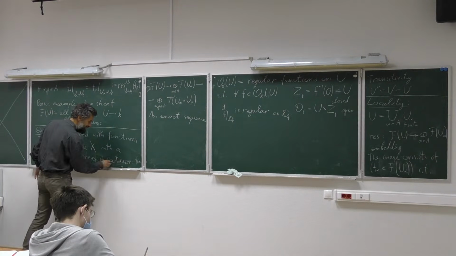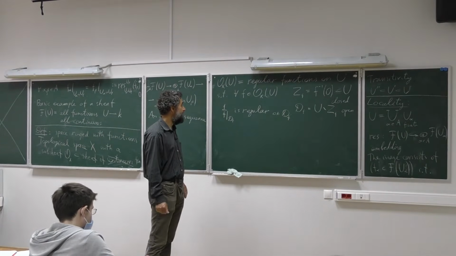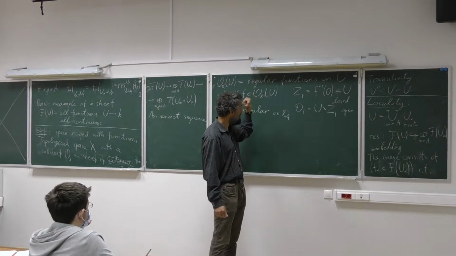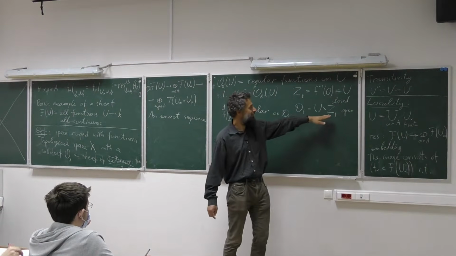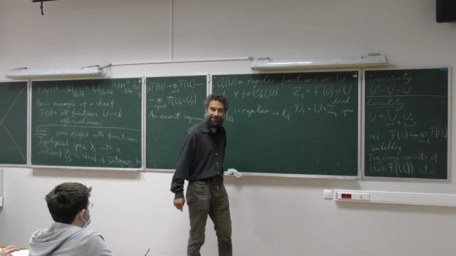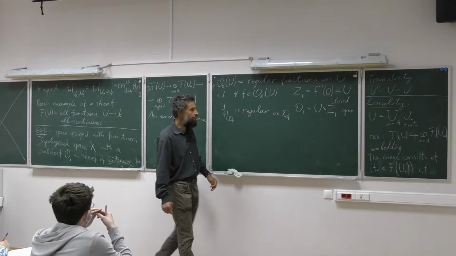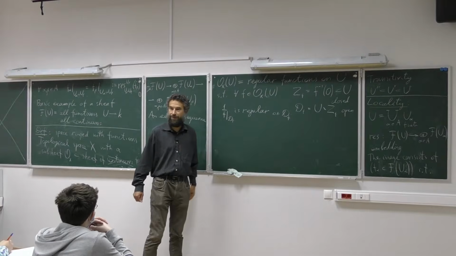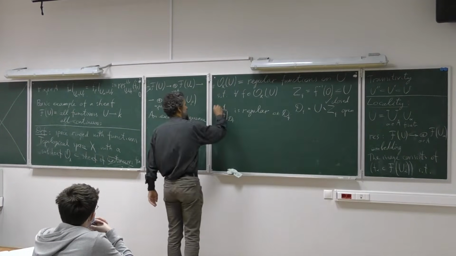Let's then erase this. Unless our field is the complex numbers, I need to ask that the zero set is closed and the complement is open. So this is a requirement. I require that the zero set is closed, the complement is open, and on this complement the inverse function is regular. These are all requirements.